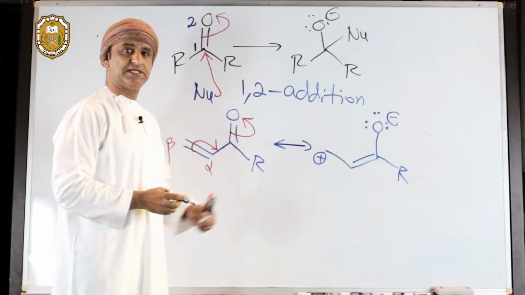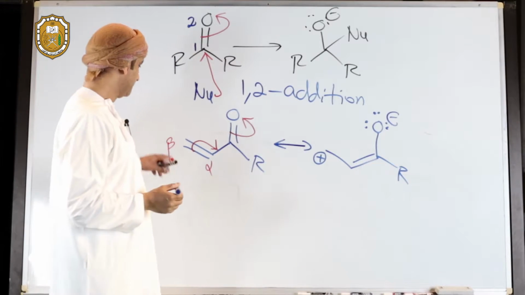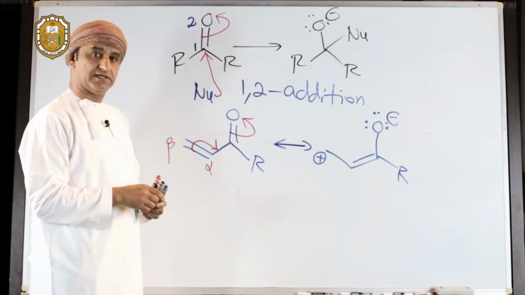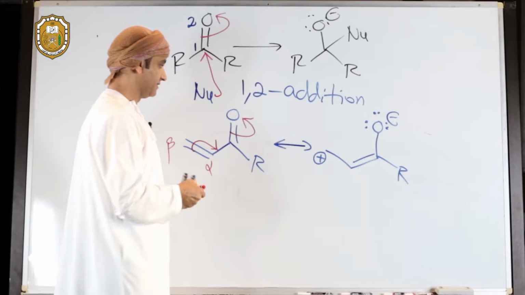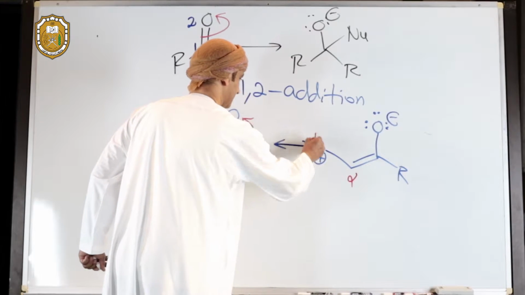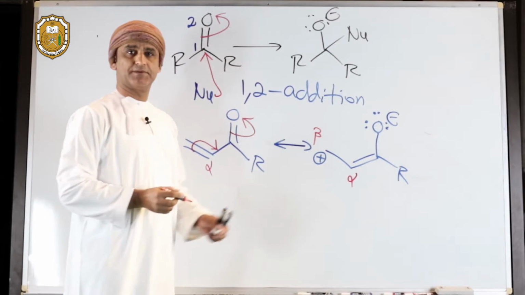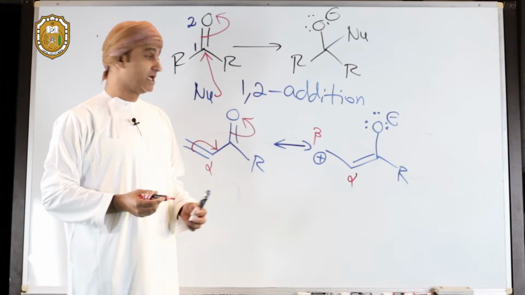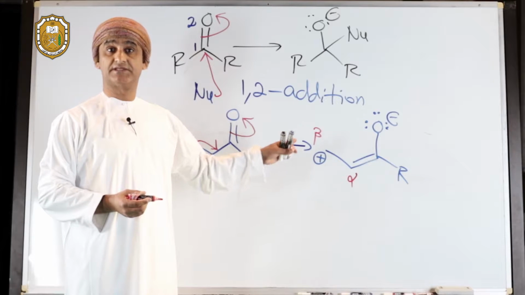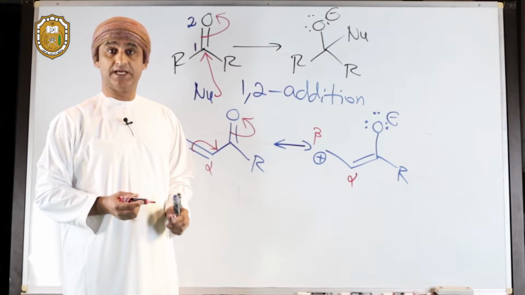And we could see clearly in this resonance form that the beta carbon bears a positive charge. So again, that's the alpha carbon, that's the beta carbon. The beta carbon bears a positive charge, and this is clear evidence that the beta carbon is actually electrophilic.